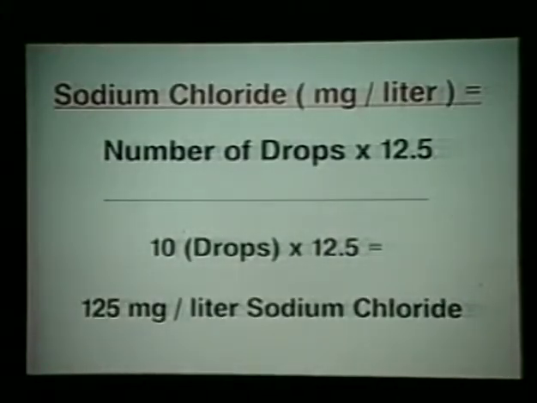The sodium chloride concentration in milligrams per liter is the number of drops times 12.5. For example, if 10 drops were required, then the concentration will be 10 times 12.5, or 125 milligrams per liter.